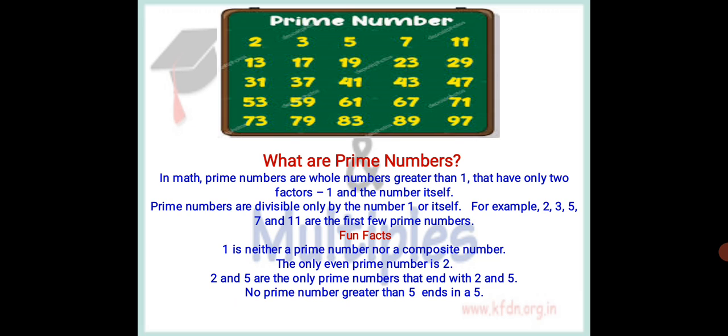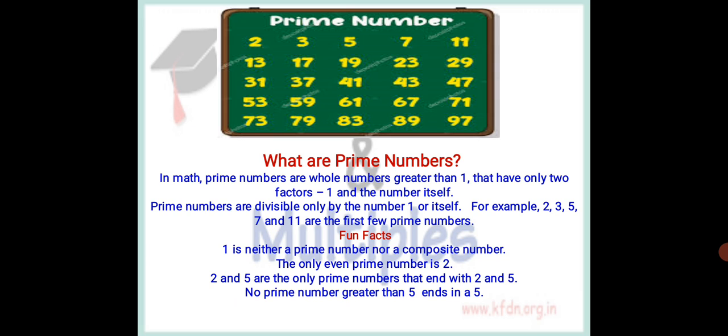What are these prime numbers? 2, 3, 5, 7, 11, 13, 17, 19, 23, 29, 31, 37, 41, 43, 47, 53, 59, 61, 67, 71, 73, 79, 83, 89, 97. All are the prime numbers between 1 and 100.